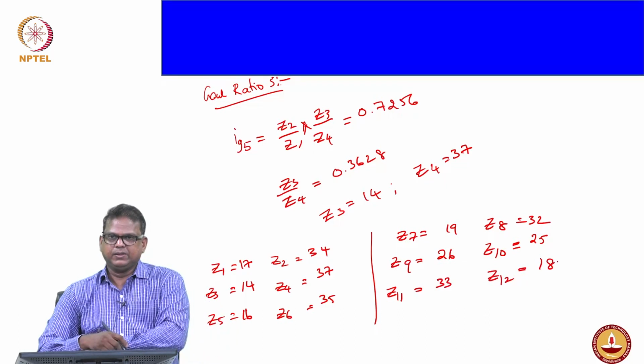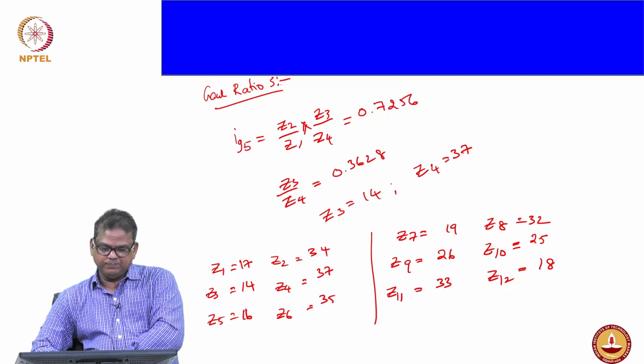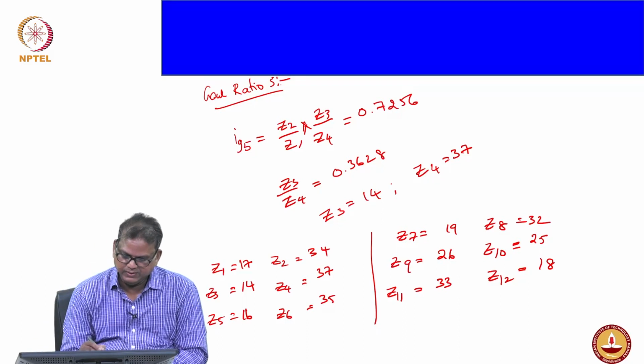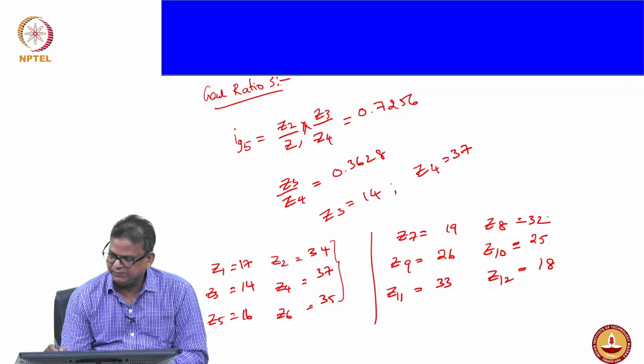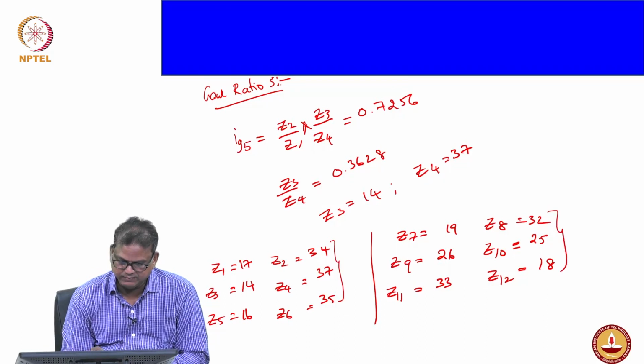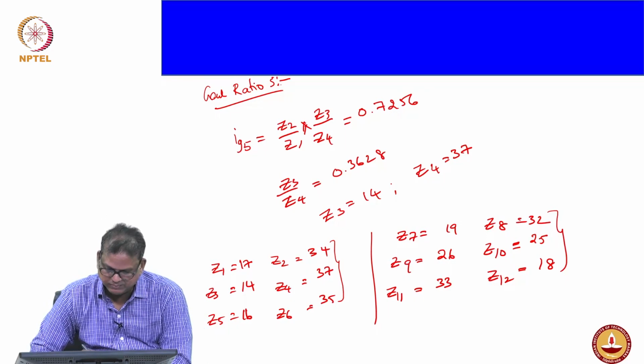I think we got all the values. Whatever you see, these are the drive gears' number of teeth. Gears 2, 4, 6, 8, 10, 12 are drive gears, whereas the rest are driven gears.